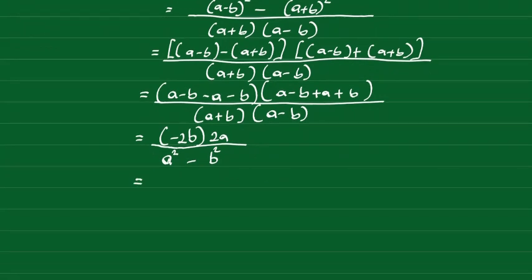We have these as equal to (minus 2b)(2a). These are multiplied because brackets also mean multiplication, and when they multiply themselves, we end up having minus 4ab divided by a squared minus b squared as our final answer. Thank you.